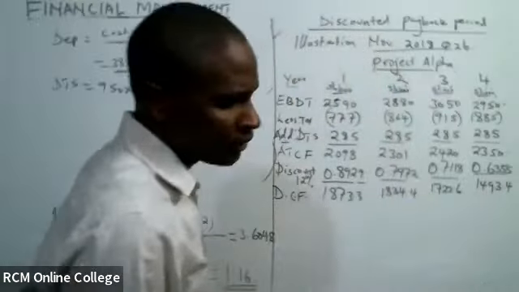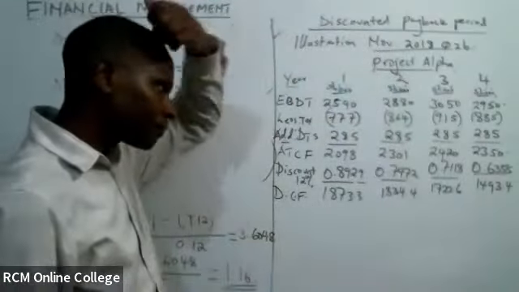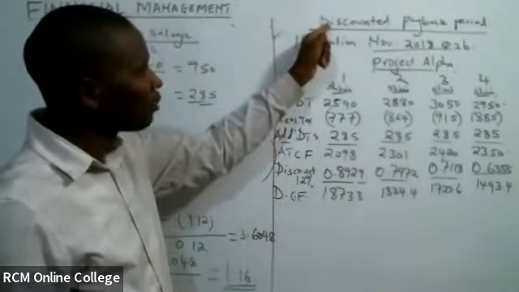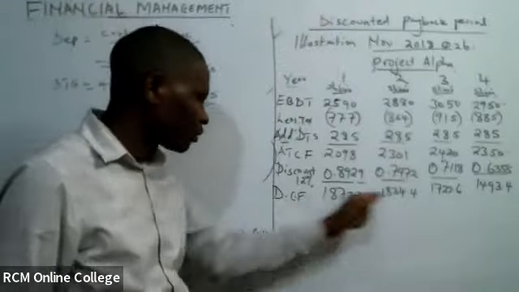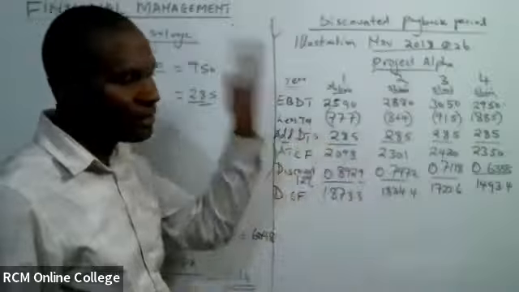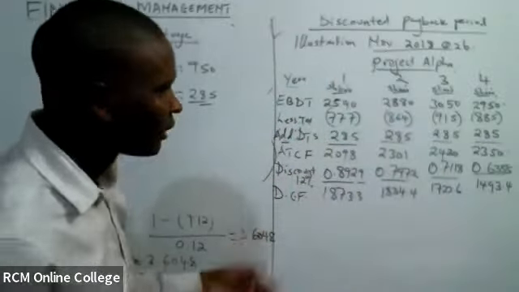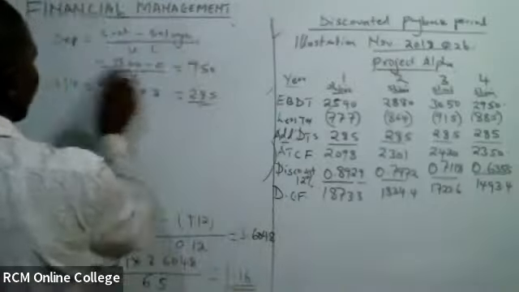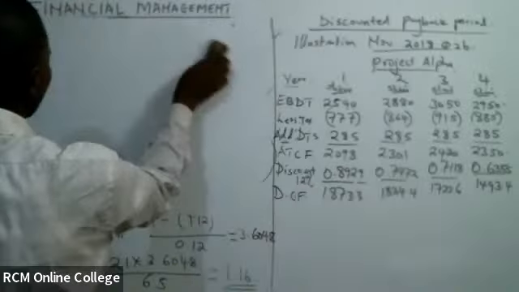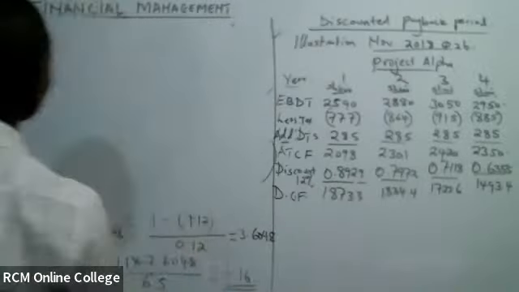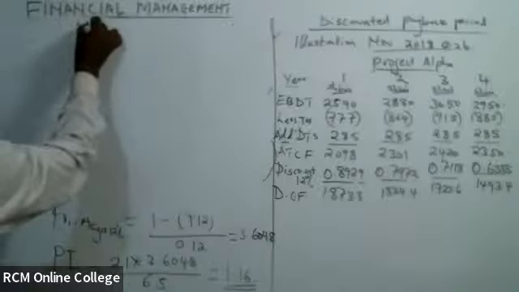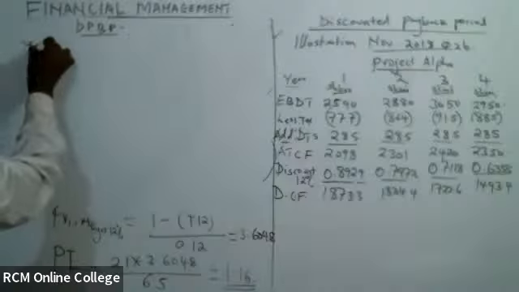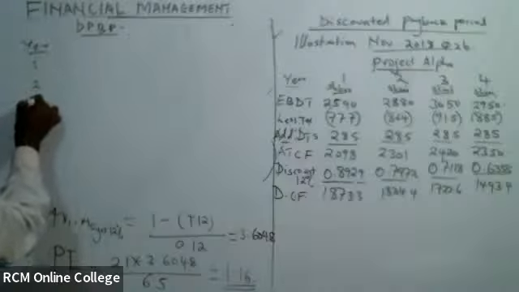Now, class, this is what we wanted. It is the discounted payback period. Yes, we have discounted our cash flows. Now we just revert to the method of getting the payback period. What do I have here? I have years 1 to 4: 1, 2, 3, and 4.